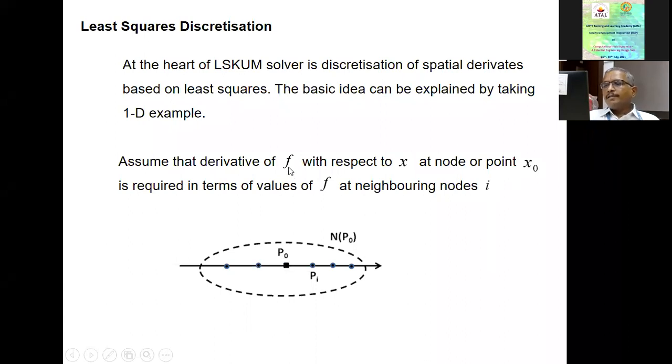Given the quantity F, if we assume we know these quantities at all these locations, our objective here is to evaluate the derivative of F at P0 with the data of F available at point P0 as well as in the neighborhood, that is, i.